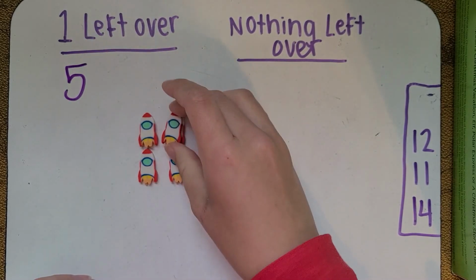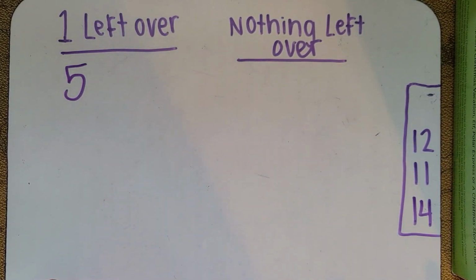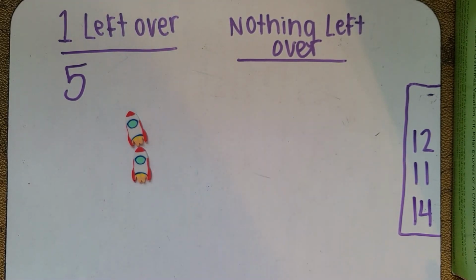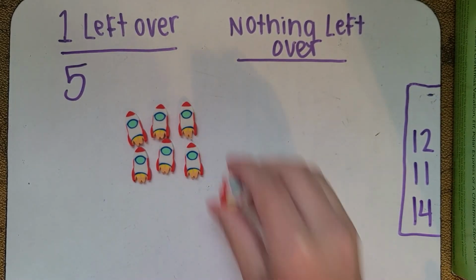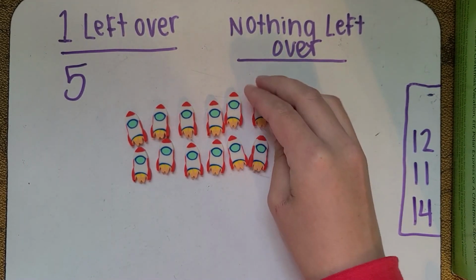All right, let's do our next number, and we're still going to count by 2s. This number is 12. So again, you can count with me or you can just count in your head. 2, 4, 6, 8, 10, and 12. All right, looky there.